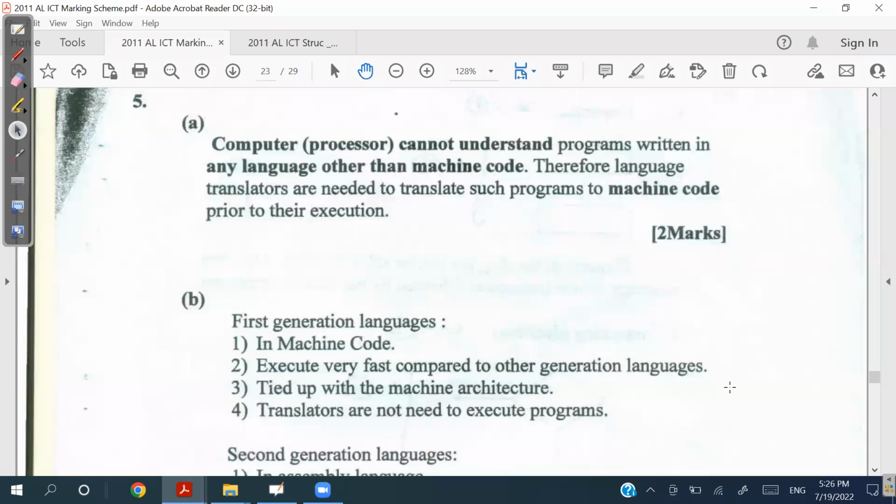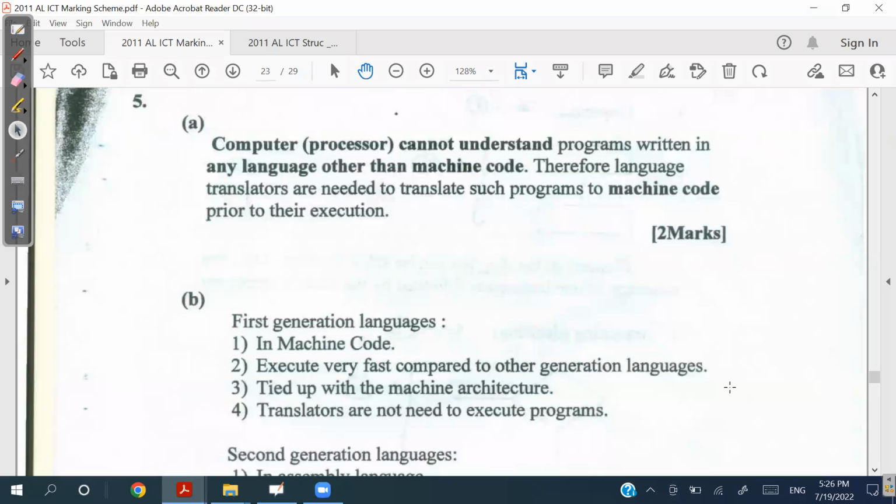Therefore, language translators are needed to translate such programs to machine code prior to their execution. So if you have the idea that the computer cannot understand what is written in a programming language and it needs to be converted into machine code, and that is why translators are there, then you can have these 2 marks. So always remember, you have to focus when you are writing the answer.